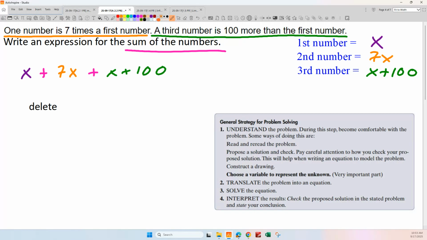Can I simplify that? Yeah, you can combine that. Combine like terms, can I? Yeah. So what if I combine the x's? How many x's do I get? 3. Oh, 9. Everybody agree? 9? 1x plus 7x plus 1x, 9x, good. 9x and then plus 100.